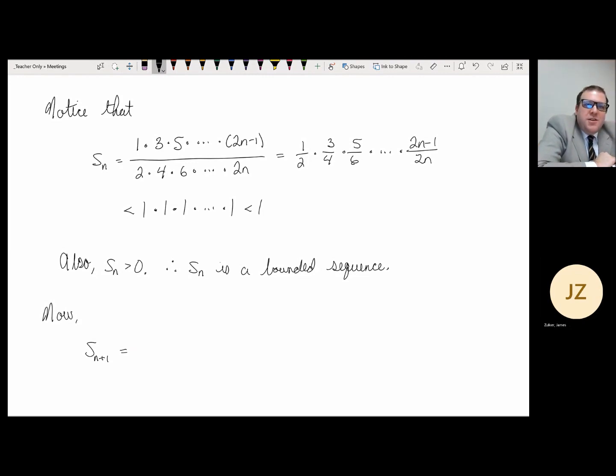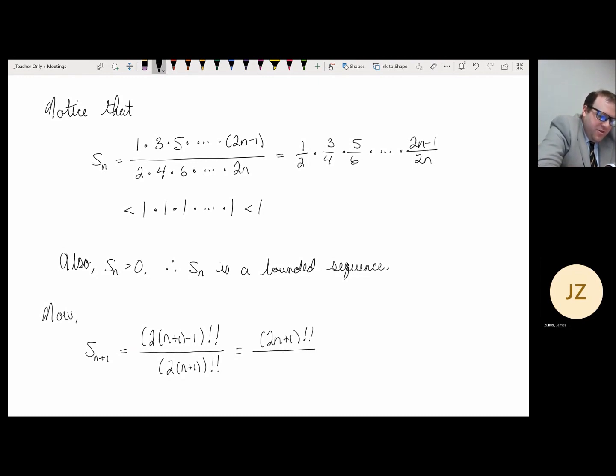Let's take a look at S sub n plus 1. Right? If it is increasing, then this would be larger than S sub n. If it is decreasing, this will be less than S sub n. By definition, this is going to give us 2n plus 1 double factorial over 2n plus 2 double factorial.